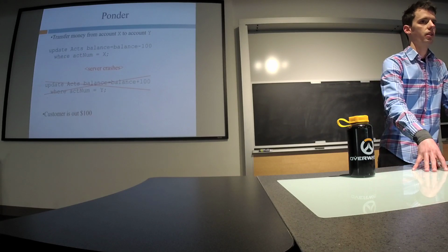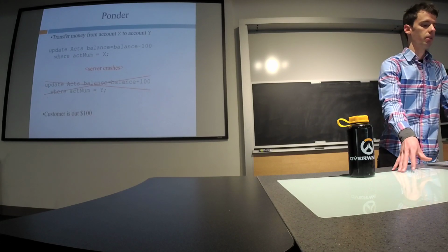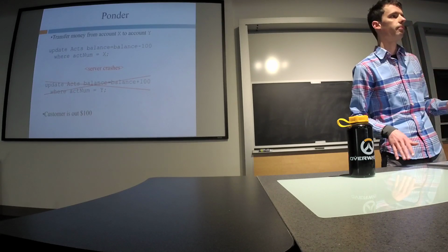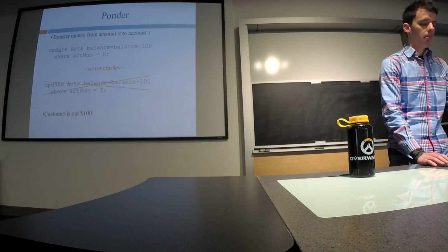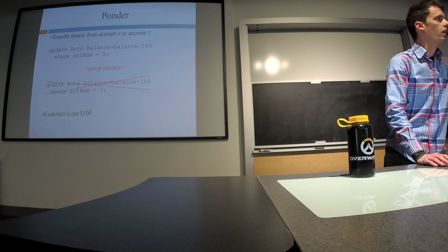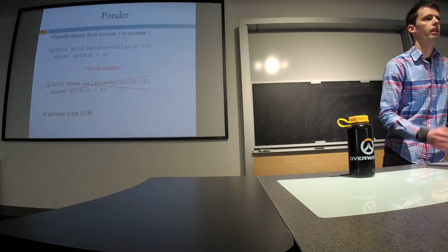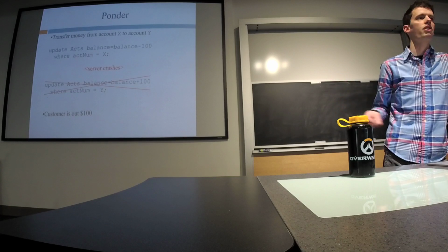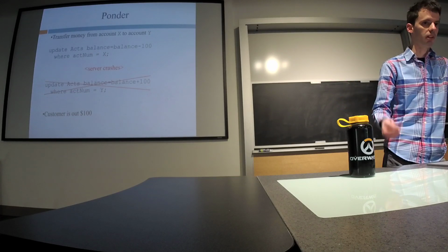The first operation does run and subtracts money from one person but doesn't add it to another, so the money is just gone. So this is kind of counter to what I was saying, where everything either completely succeeds or completely fails. But this is two operations. Each of them individually will completely succeed or fail.